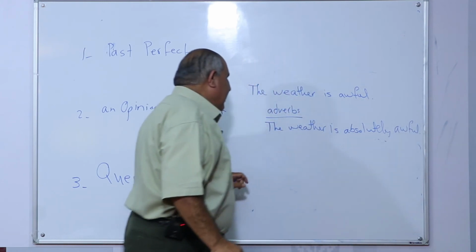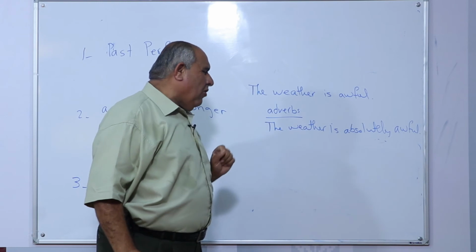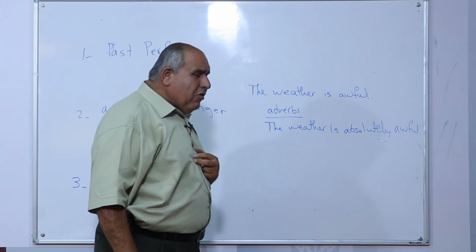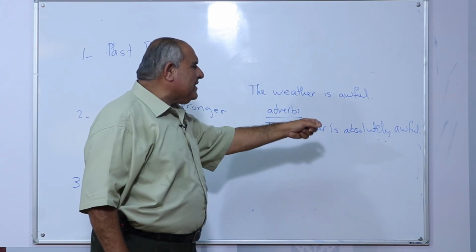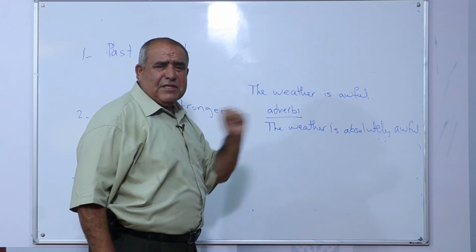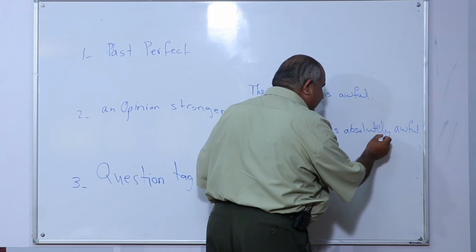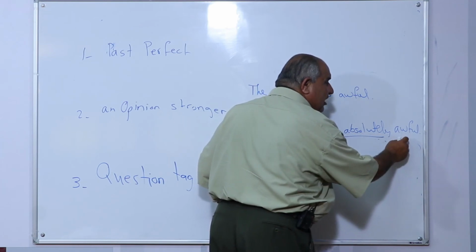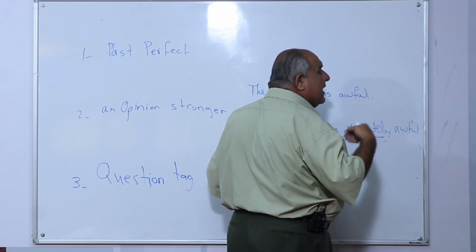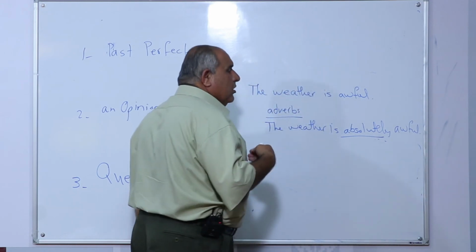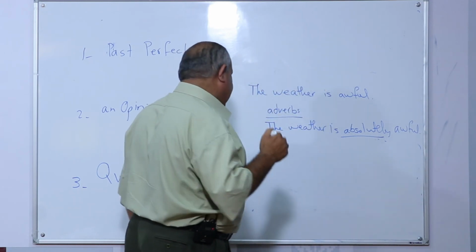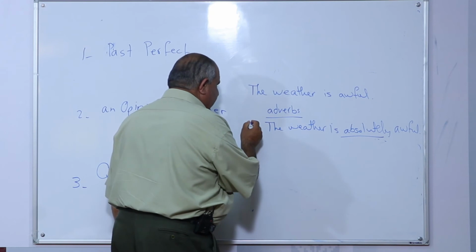Now, the weather is absolutely awful means that in my opinion the weather is extremely awful. So we use the adverb absolutely before the adjective awful in order to strengthen my opinion, to make my opinion very strong or stronger.